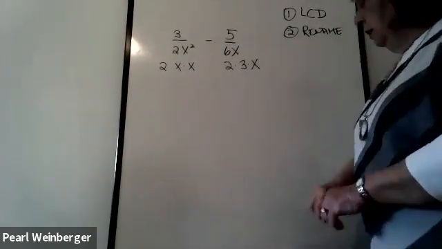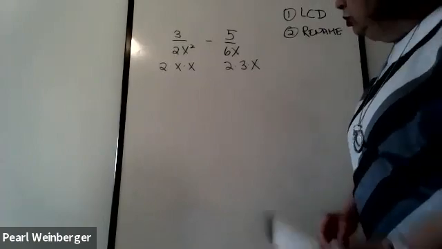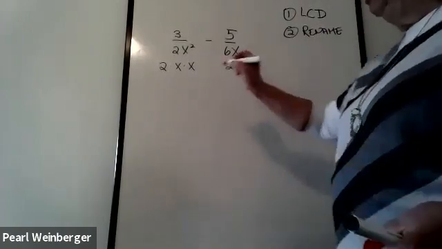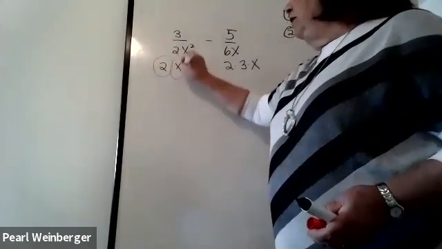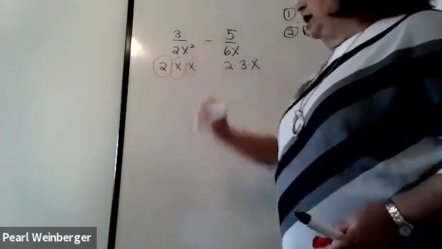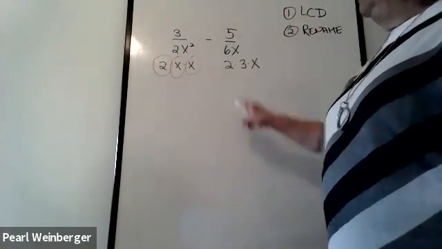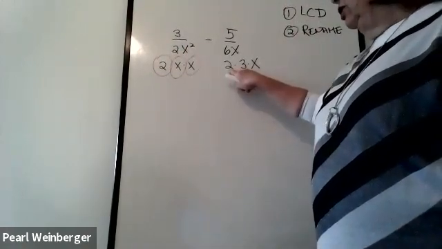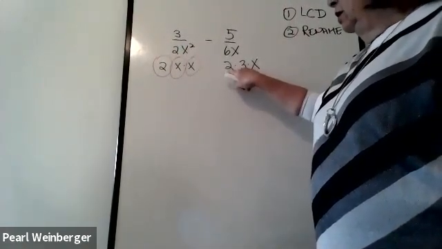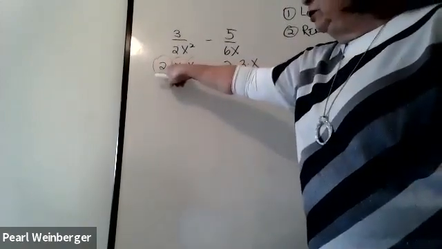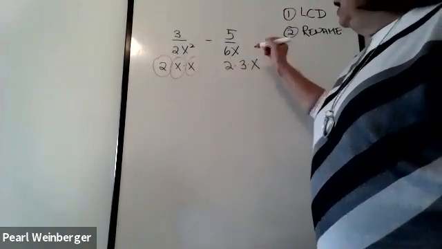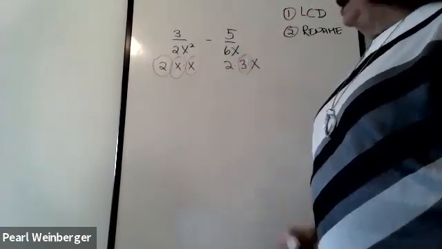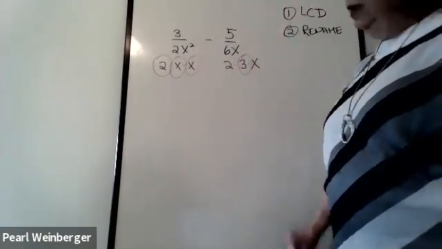And if we circle our different factors, remember we start with our first fraction and circle everything from the first fraction. Then we go to our second fraction, and I see a 2 has already been circled, so I don't have to circle that 2. A 3 has not been circled, so I'm going to circle that 3.